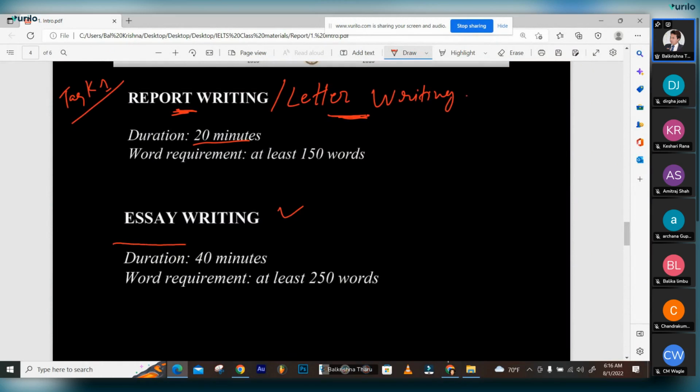Essay writing is your task 2, and essay writing is the same for AT and GT students. The duration is also the same, 40 minutes. In word requirement, at least 250 words.